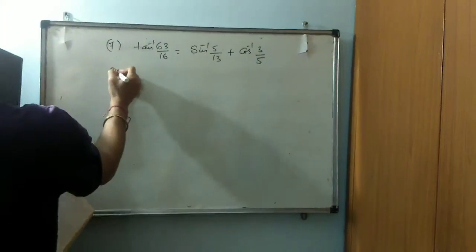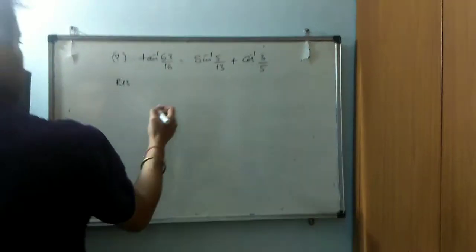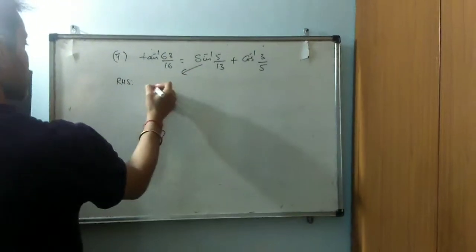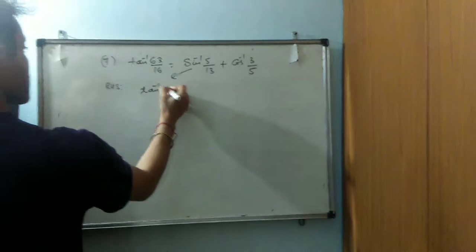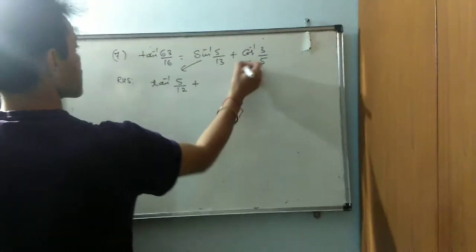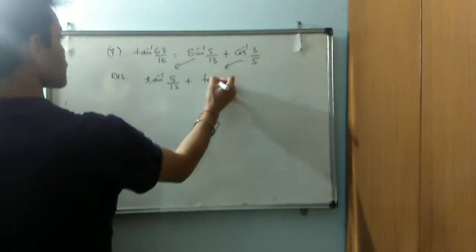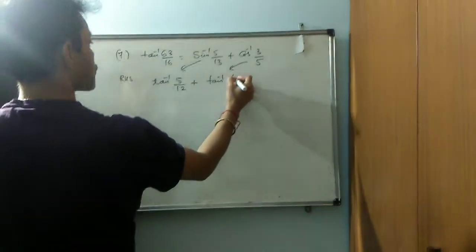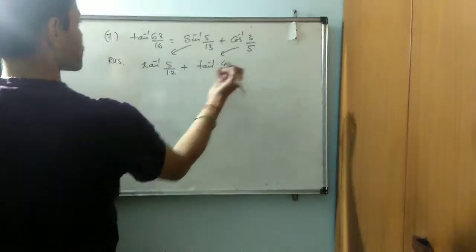Proceeding from the right hand side, we can write sin inverse 5 by 13 as tan inverse 5 by 12 and the other one as tan inverse 4 upon 3.